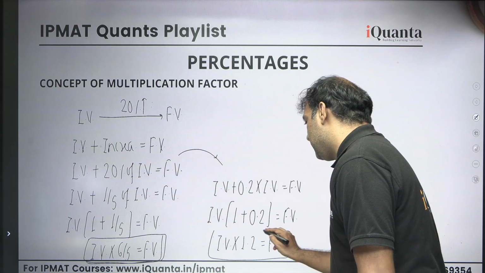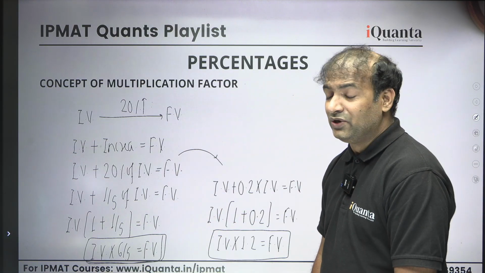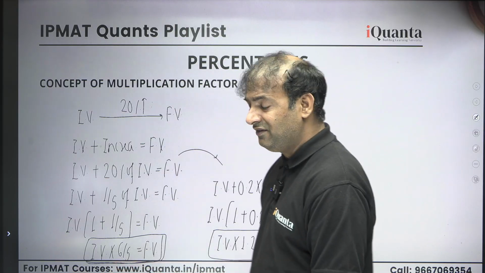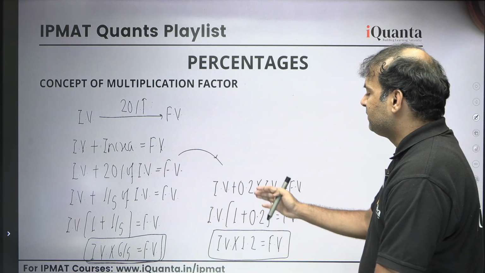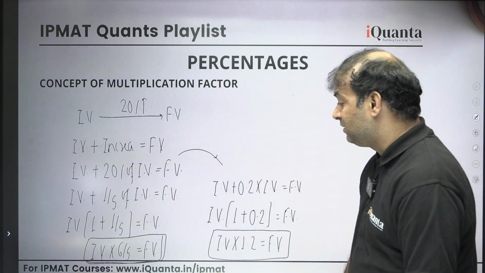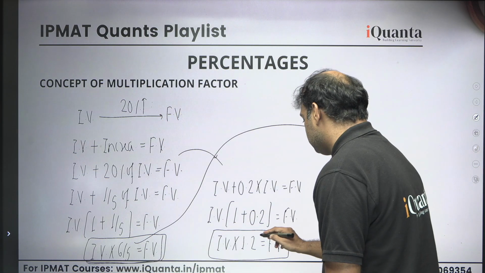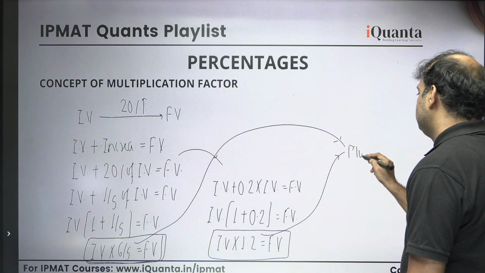A multiplication factor is something which is being multiplied, so you can say that the initial value is being multiplied by 6 by 5 and by 1.2 to get the final value. So this 6 by 5 and 1.2 are actually called the multiplication factor. Let me write this here, that 6 by 5 and this 1.2, they are the multiplication factor.